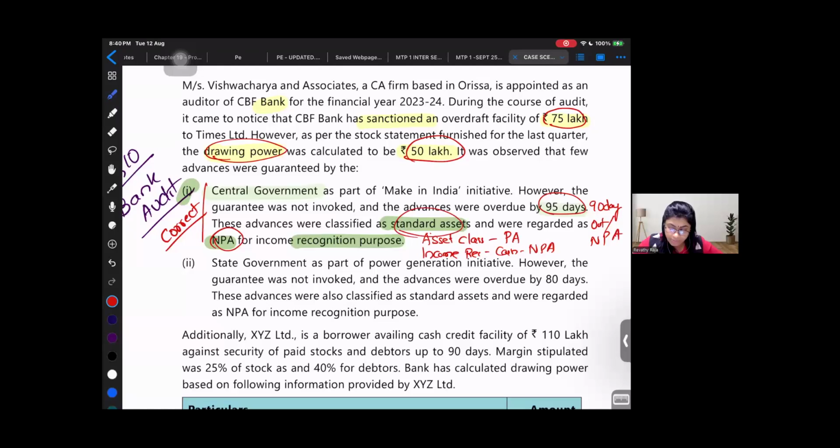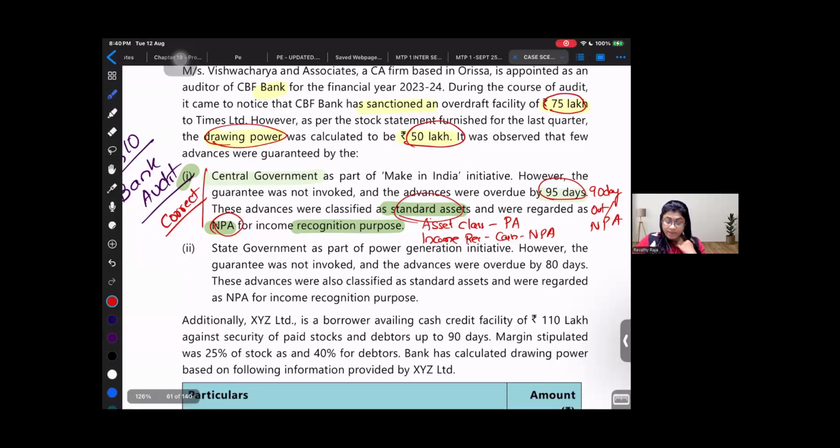So that's correct. State government guaranteed advance. Next is state government. Part of generation, however, the guarantee is not invoked. Overdue for more than 80 days. It is a standard asset, however regarded as NPA for income recognition. Can I ask you one thing? It is only overdue for more than 80 days.